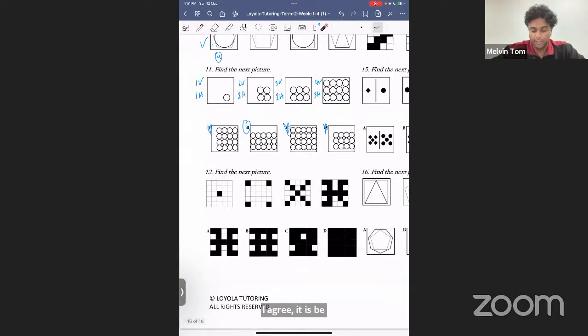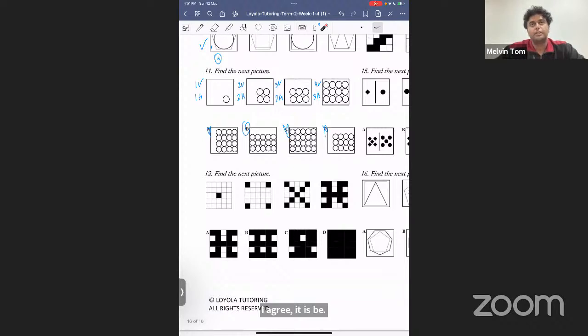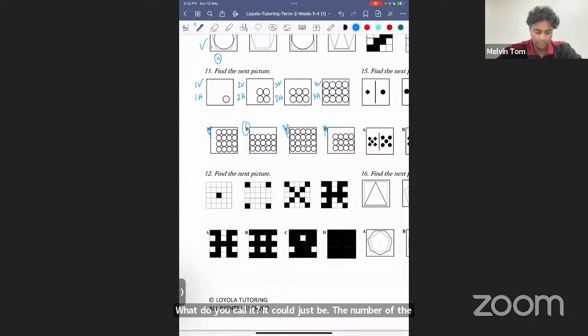Question number 12, when you get a question like this, when it's purely just increasing in size and it's increasing a lot, it could just be the number of the sides, not the shape itself. So if you were to write it down, we have 1 dot, 4 dots, 9 dots, 16 dots.